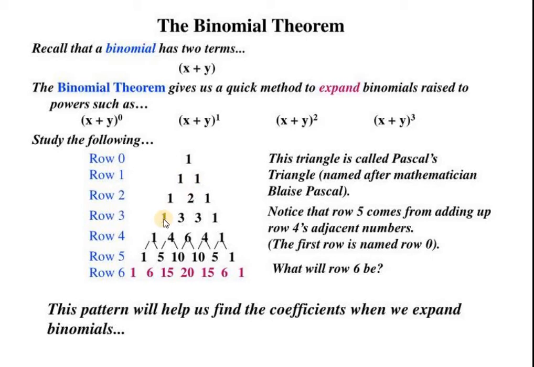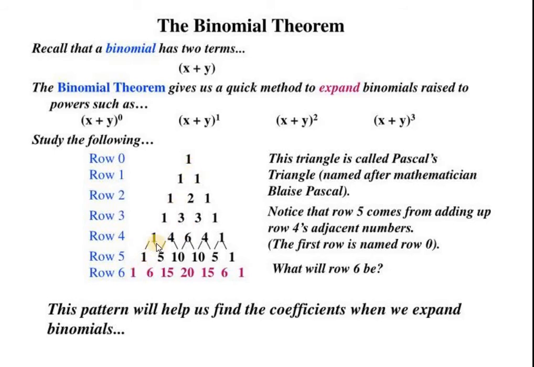Similarly, we write 1 and 1; 1 plus 2 is 3, 2 plus 1 is 3. To complete this row, we write 1 and 1; 1 plus 3 is 4, 3 plus 3 is 6, 3 plus 1 is 4. To complete the last row, we write 1 and 1. 1 plus 5 is 6, 5 plus 10 is 15, 10 plus 10 is 20, 10 plus 5 is 15, 5 plus 1 is 6.